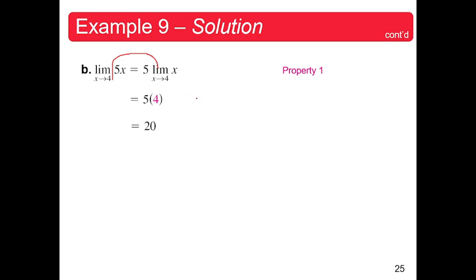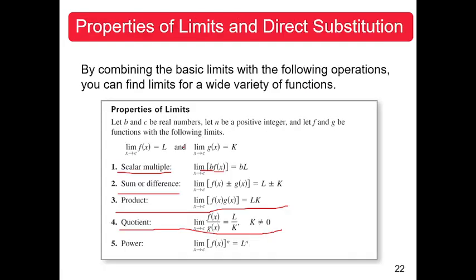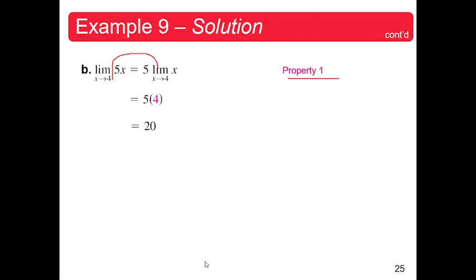Now, we could say that this is property number 1, because we know that property number 1 is just the scalar multiple. Okay po. Alright, so the next item is this one. I know it's tried already.